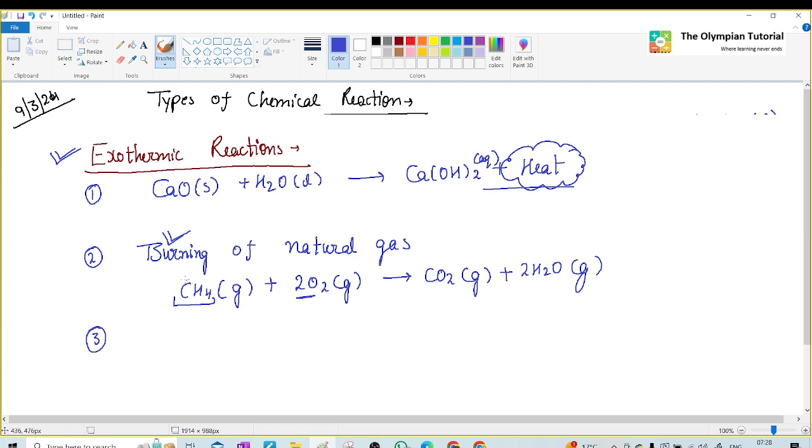Carbon is 1 here, product side also 1. Hydrogen, no, it's 4, and 2H2O also 4.